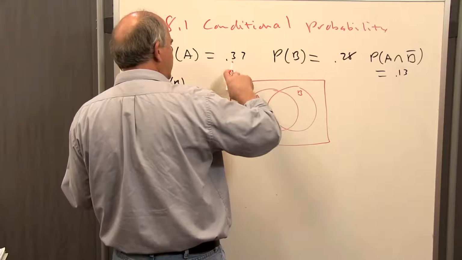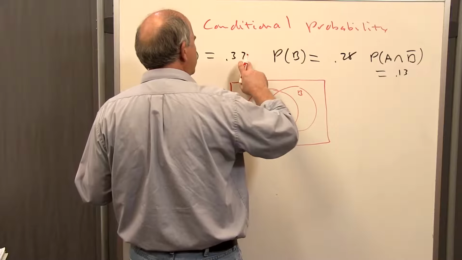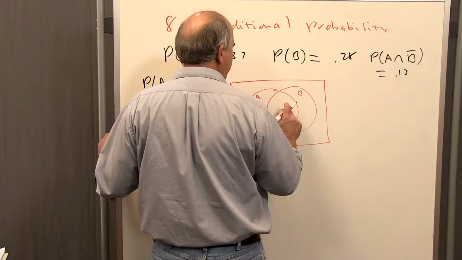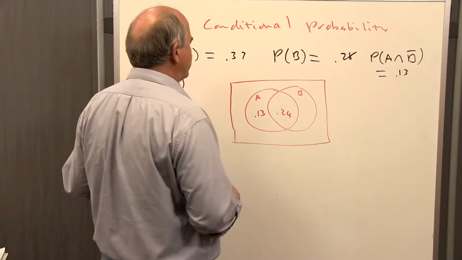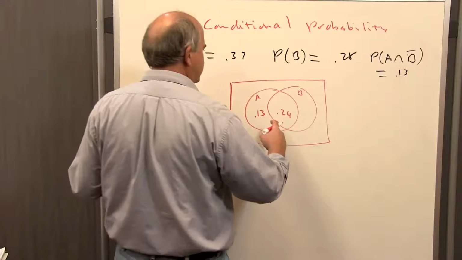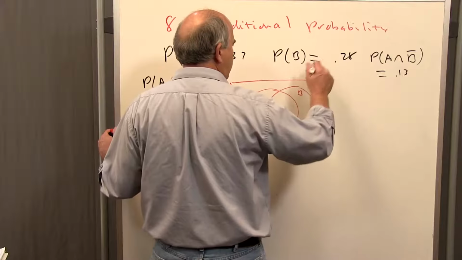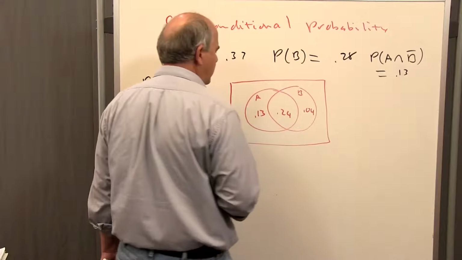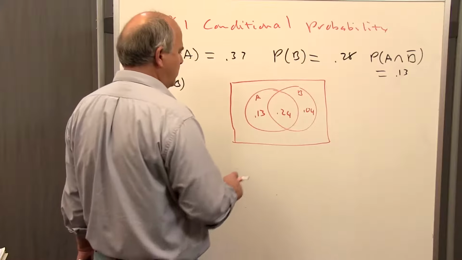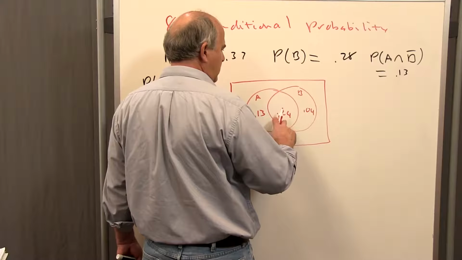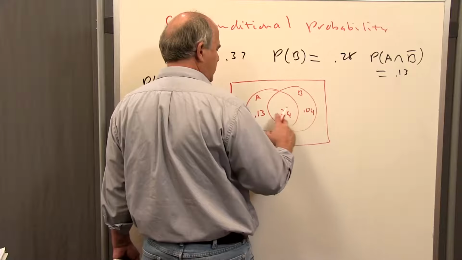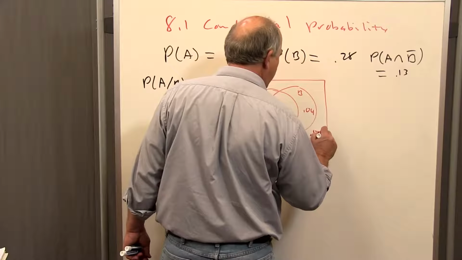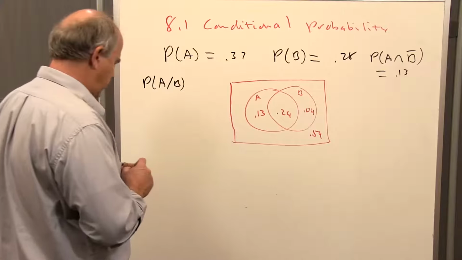Now the total inside the A circle has got to be 0.37. That means this part is 0.24. For a total of 0.37, you subtract to get that. And the B, if this is 0.24, then that part is 0.04. Let's see, that's a total inside the circles of 0.41 and 0.59 outside the circle.